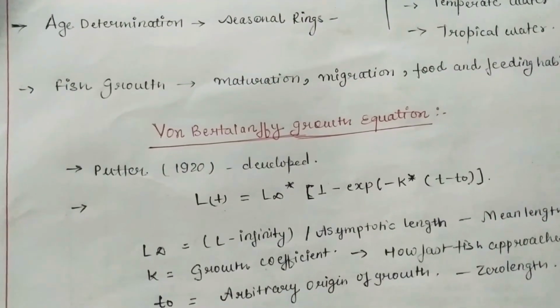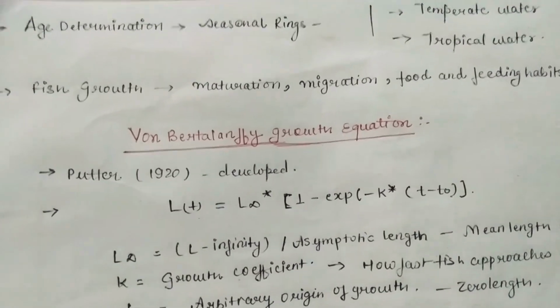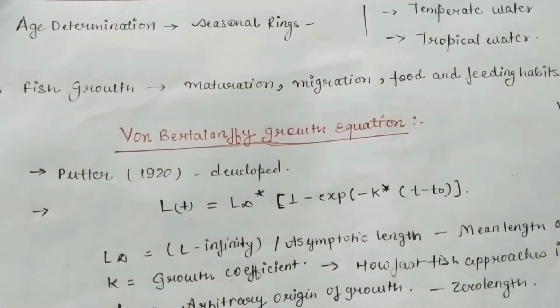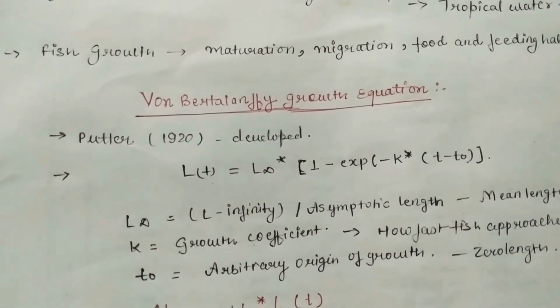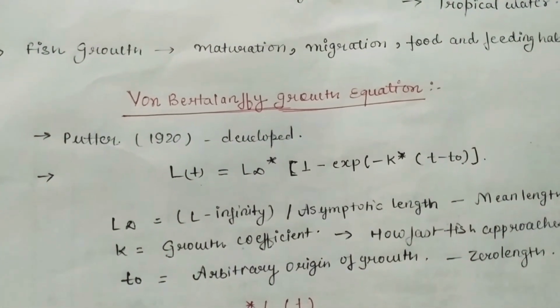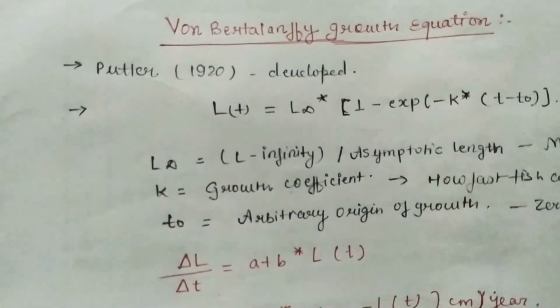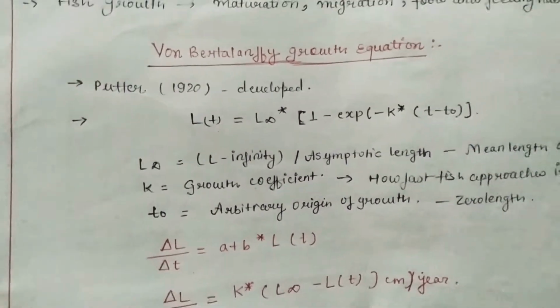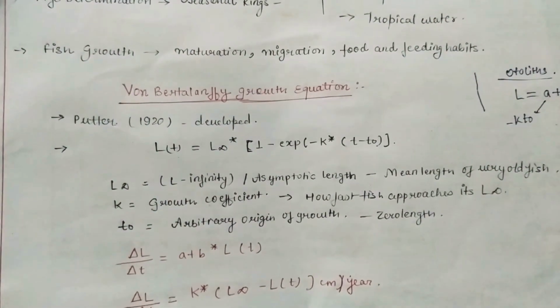Fish growth can usually be seen in terms of maturation, migration, and food and feeding habits, and there is an equation that shows the age of a fish. It is given as the von Bertalanffy growth equation, and this equation was developed by a scientist named von Bertalanffy in 1920.